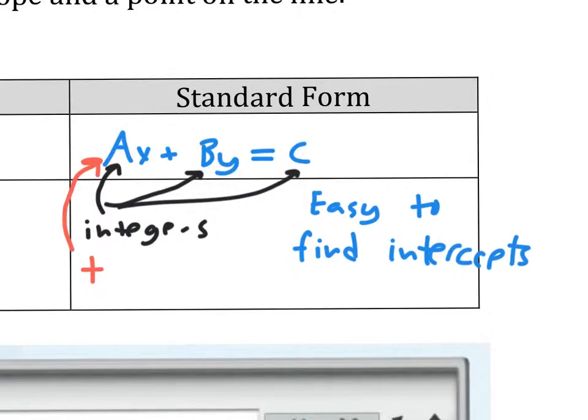Tomorrow we'll practice doing that again, but also graphing using those. So instead of looking for directions from one point to another, we're just going to find the two points. Here's one intercept, here's the other intercept, and then we just drop the line on top of it, like that.